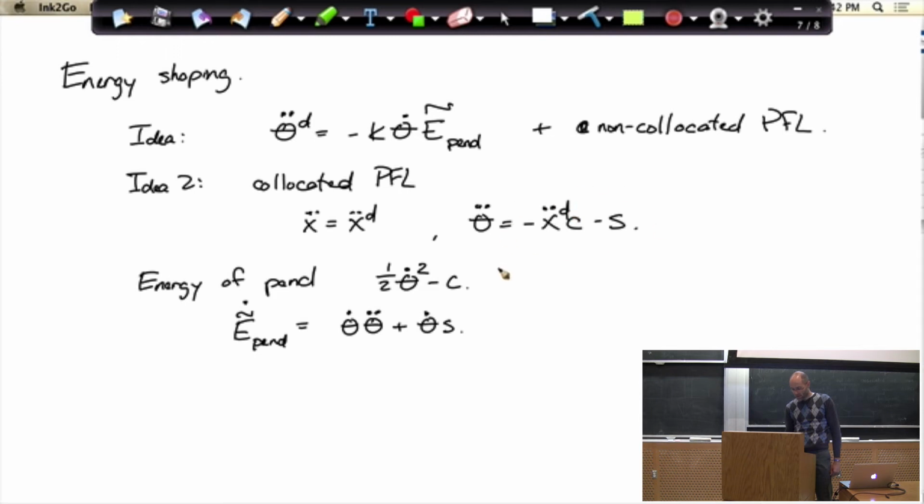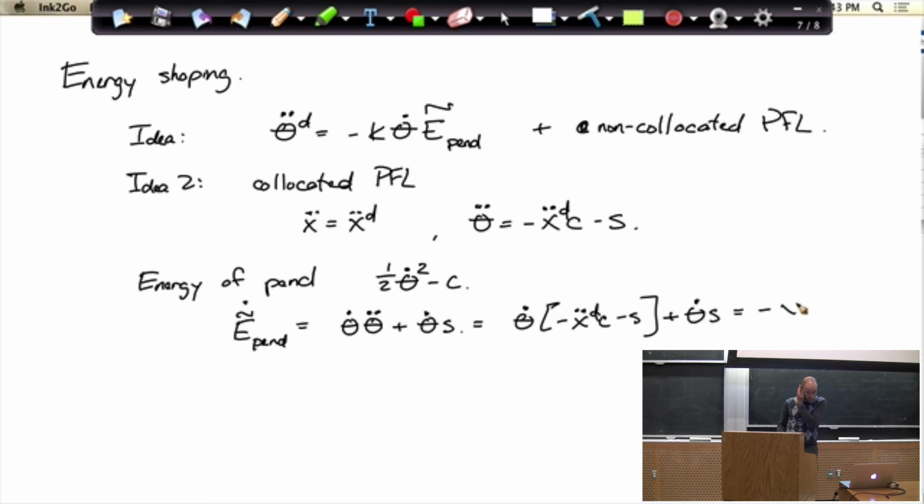If I insert this in, we're just understanding how the energy of the pendulum is changing given my commanded x acceleration. It turns out to be algebraically simple again. It's just negative x double dot theta dot cos theta. Okay?